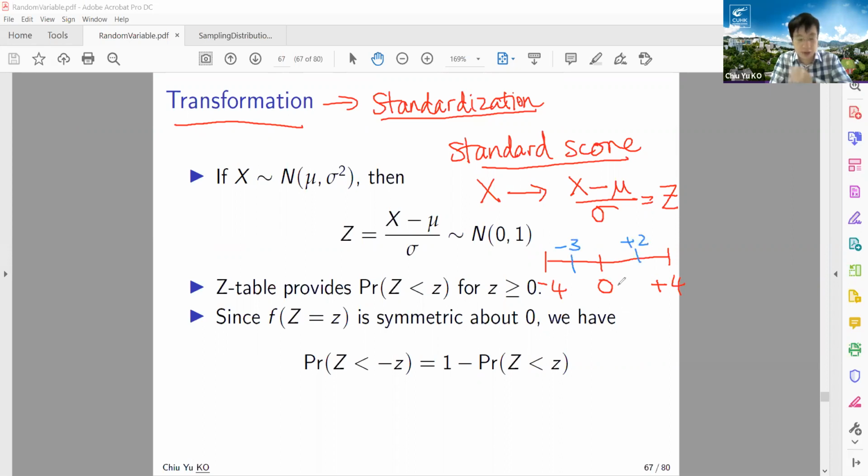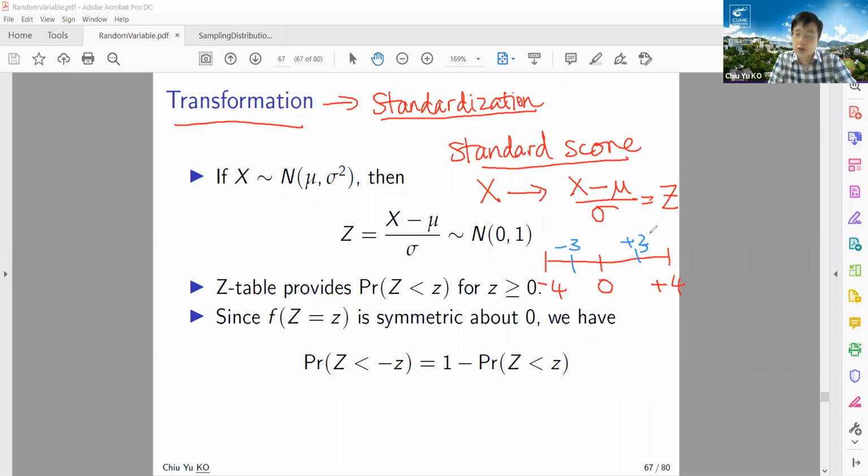This is what we call the Chebyshev inequality, but we're not going to cover it. What it means is, if you convert to standardized score, it's always between these numbers.